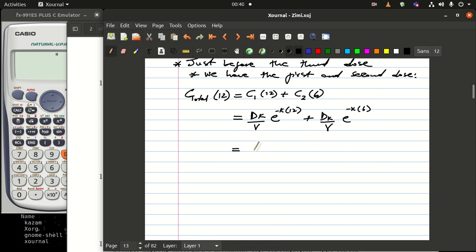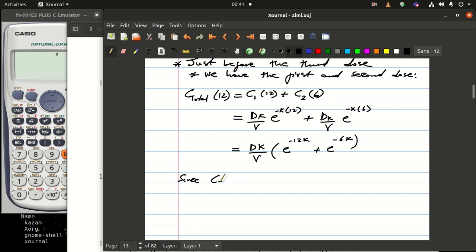So this whole thing is going to be D. We'll end up having a k for both of these two things, and then a V, and then inside here I will have e raised to minus 12k plus e raised to minus 6k.